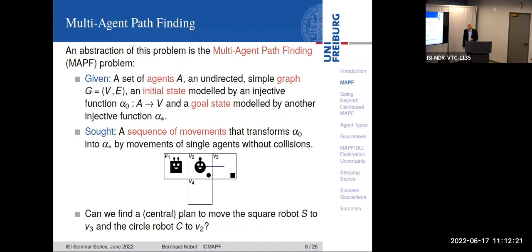The circular agent can go to B2, and if he were selfish, he would just stay there, and then they couldn't fulfill their common goal. But the circular agent is not selfish, so he gives way to the square agent, and then the square agent can reach its goal, and the circular agent can reach its goal, and they are all happy because everybody has now achieved its goals.